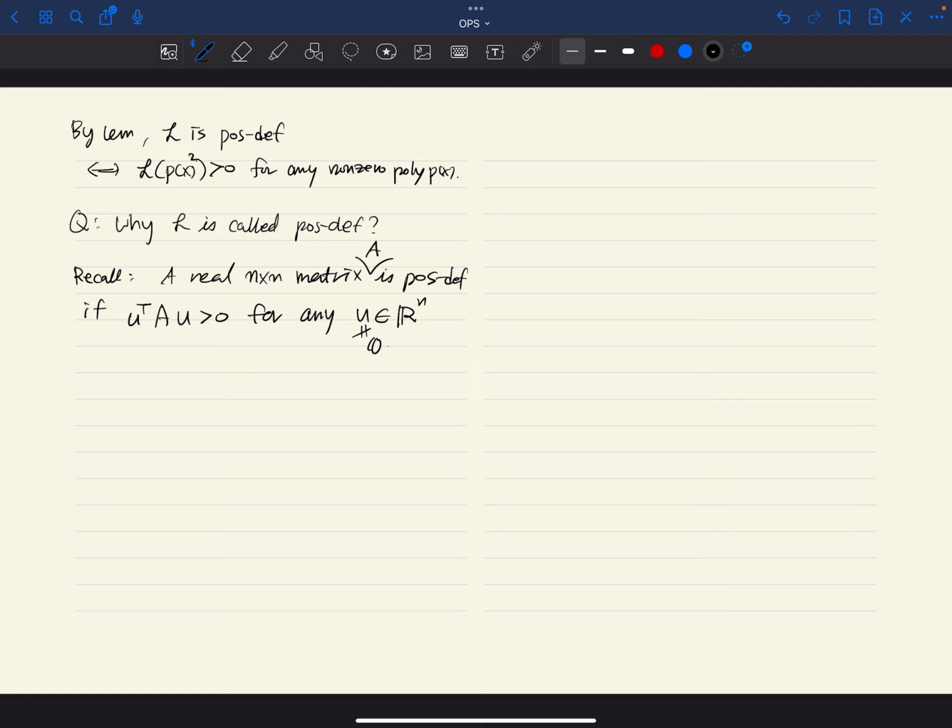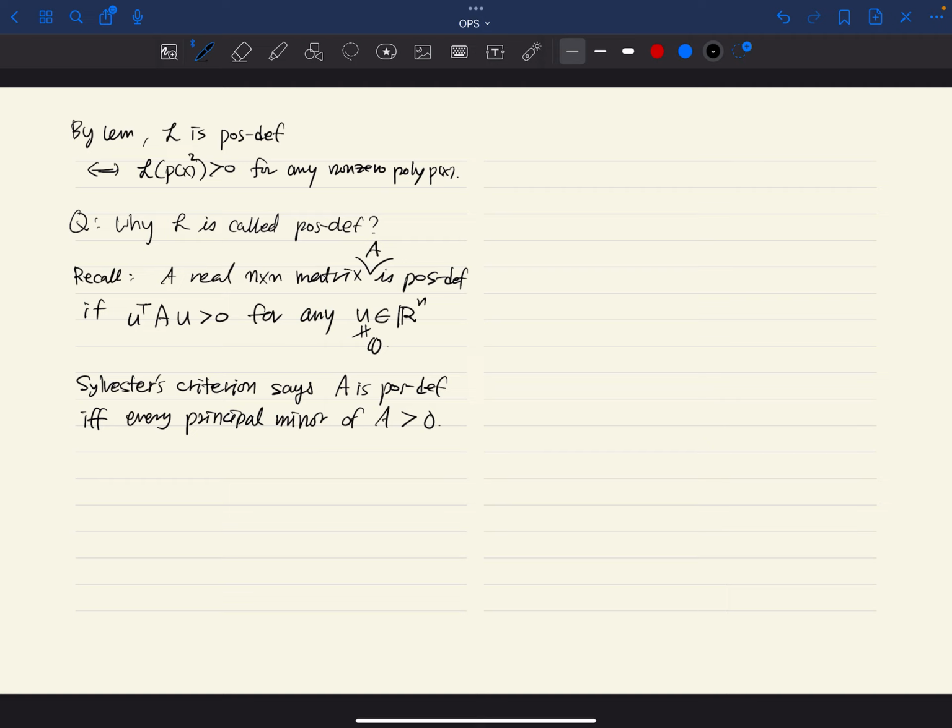And there is a criterion called Sylvester's criterion. This criterion says that A is positive definite if and only if every principal minor of A is positive.